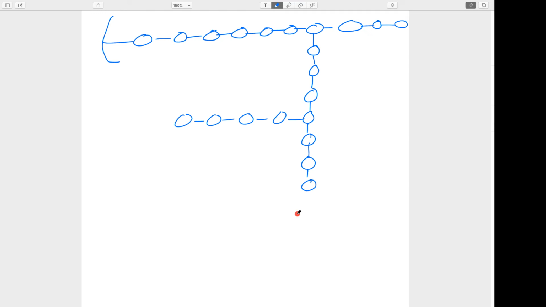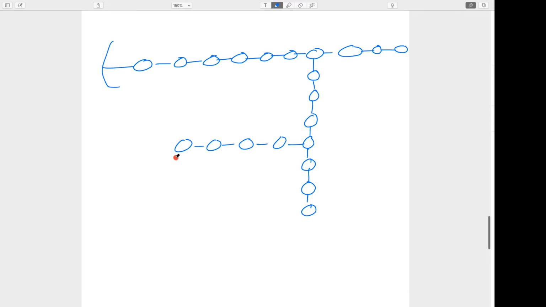This 4,4 glucosyl transferase cuts near the branch point and transfers here, cutting here and transferring here.